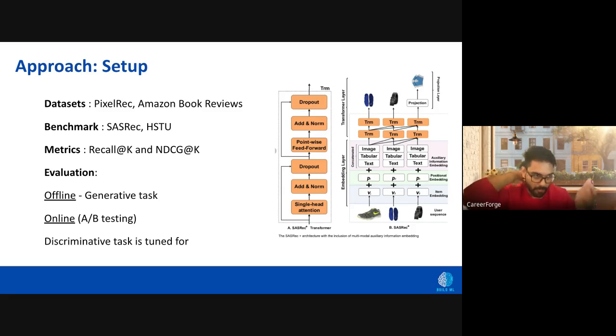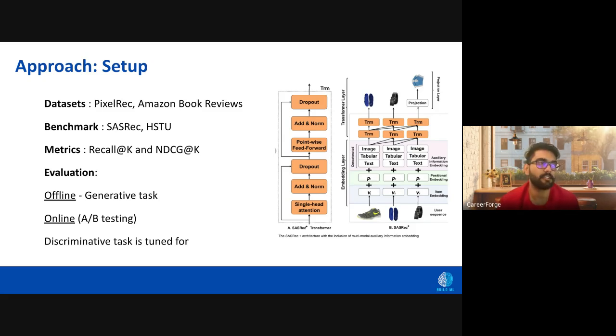It could be a multimodal embedding, it could be a text-alone embedding, and then it applies an attention mechanism on it to figure out, within your user interaction history, what was important for the next item and what isn't. It's a pretty dominant, pretty good SOTA in sequential recommendation systems.